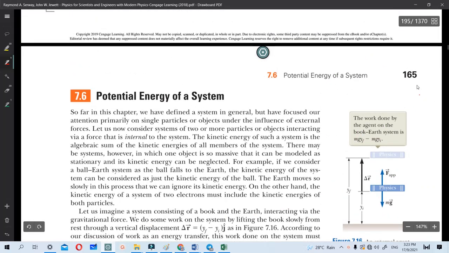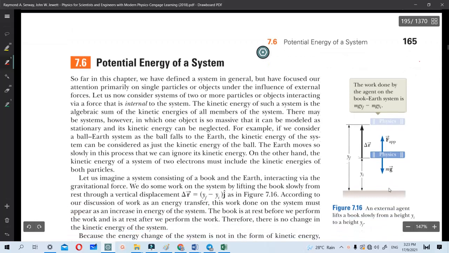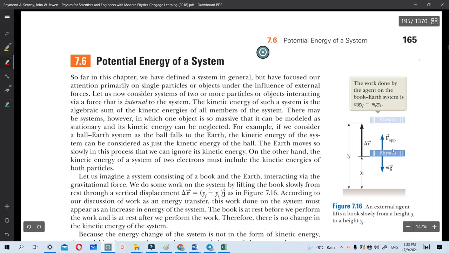Now, turn to page 165, potential energy of a system. The example given by our book is very similar to what we've just seen in the other textbook, except that they are portraying the applied force. This is a situation where the book is travelling upwards.